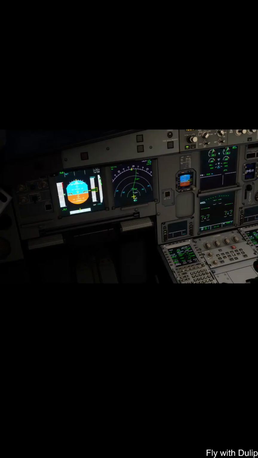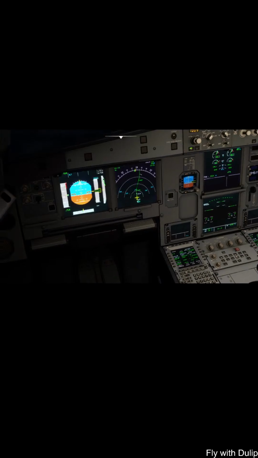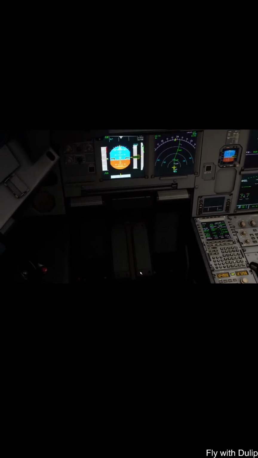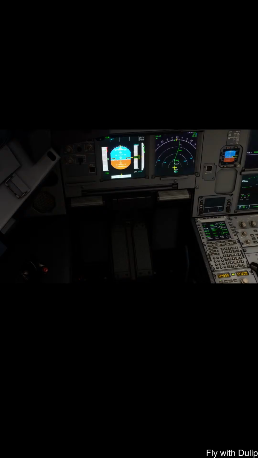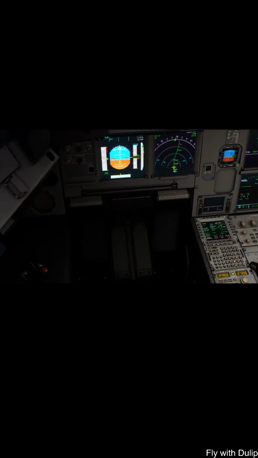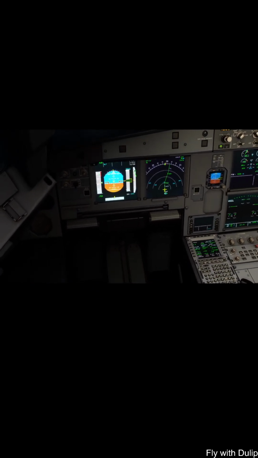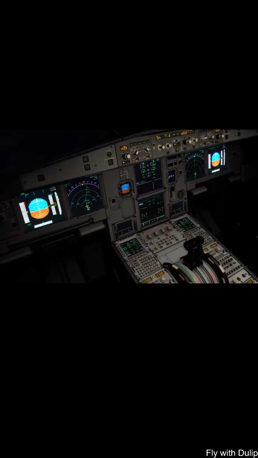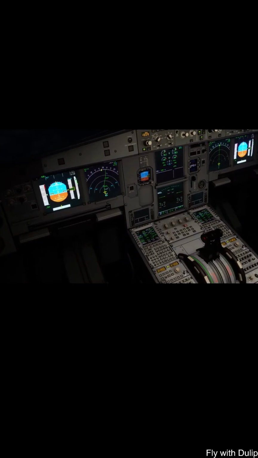SriLankan 103, request estimate on TELIG. Mach decimal 72 and flight level 240, SriLankan 103. SriLankan 103, I'm asking your estimated time at TELIG. One moment, I didn't turn on the chrono.